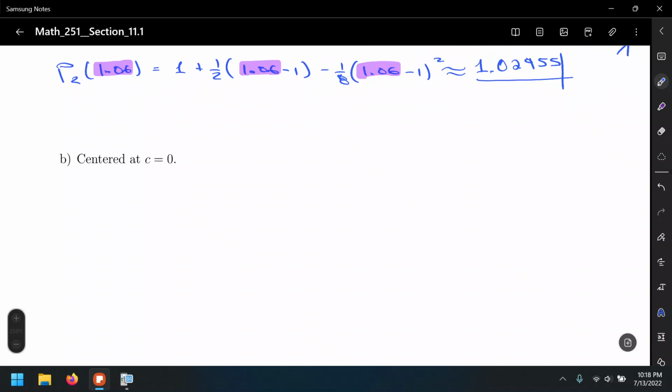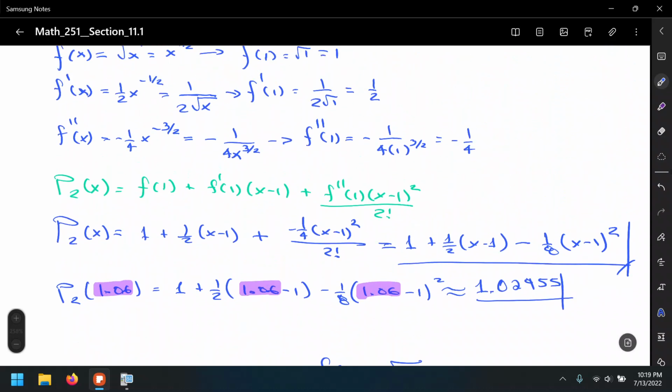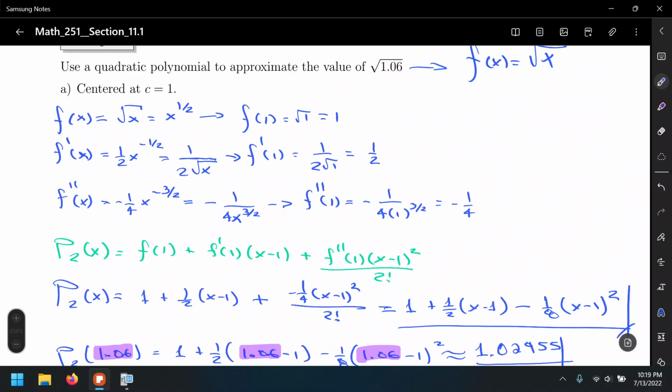I know from here on it's going to be very tempting to use the same function that we did before, f of x equals the square root of x. Think about whether it's okay to use this function. Look at the work that we did before and see if there's any issues with it.